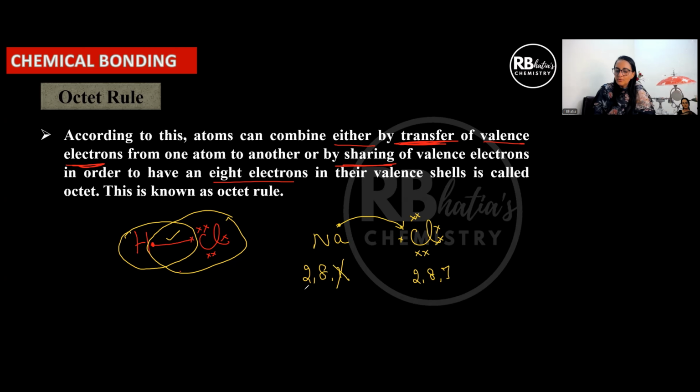Sodium is left with a complete octet, and chlorine receives this electron and also gets a complete octet in the valence shell. So this is complete transference of an electron from one to the other. Hence, complete transference means we are talking about an ionic bond, and mutual sharing means we are talking about a covalent bond. Very simple to remember. You've been doing this till 9th standard also.